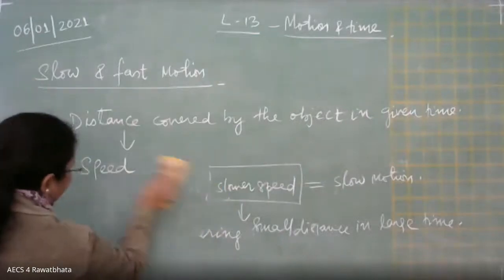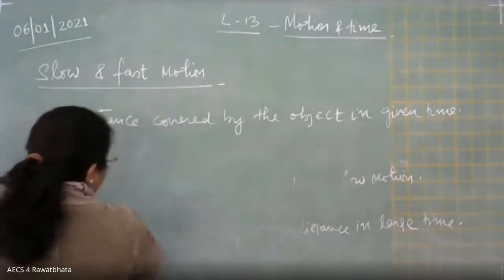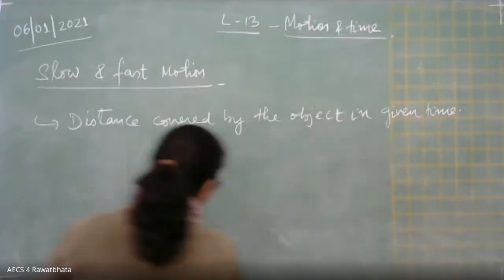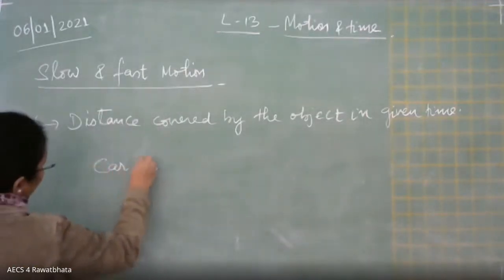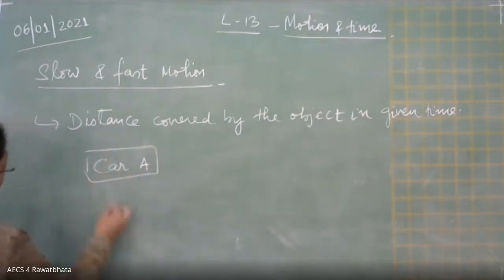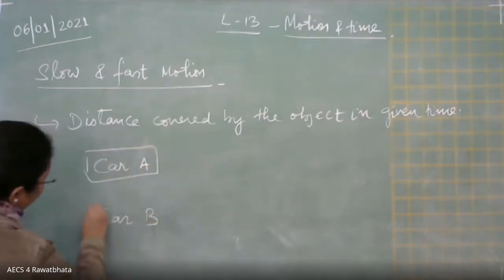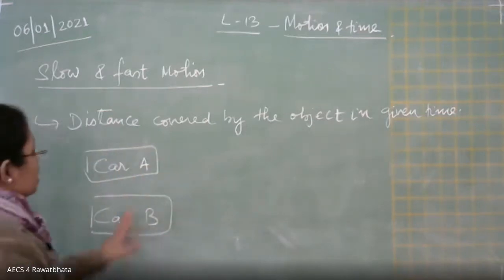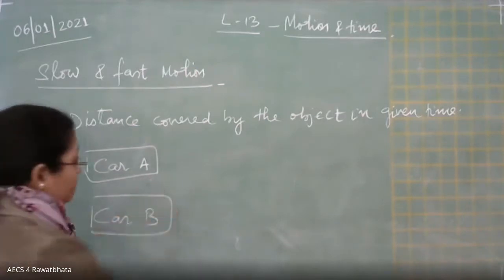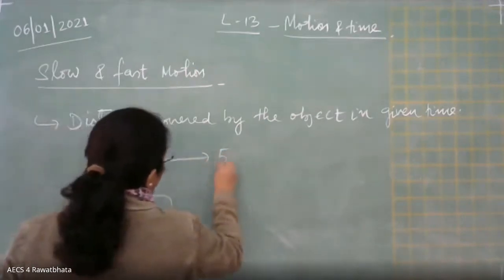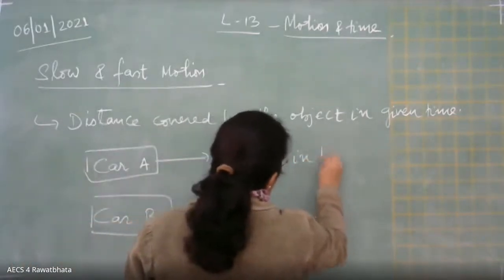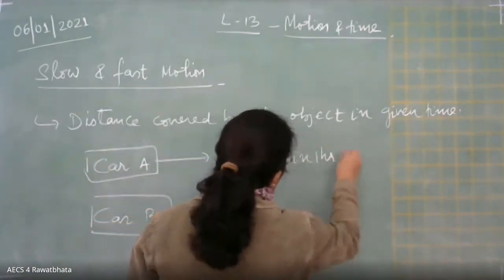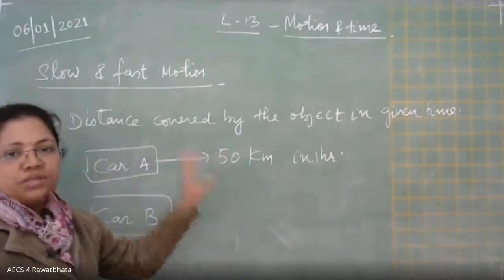For example, here we are having these two cars. Say that it is car A, and here it is car B, right? Now this car A is covering 50 kilometer in 1 hour.